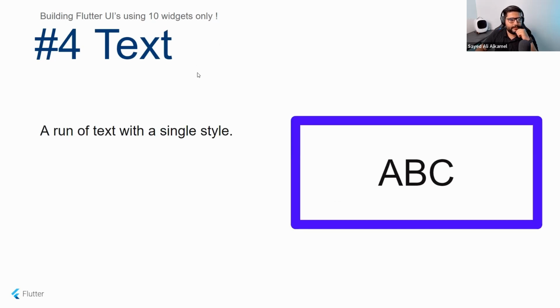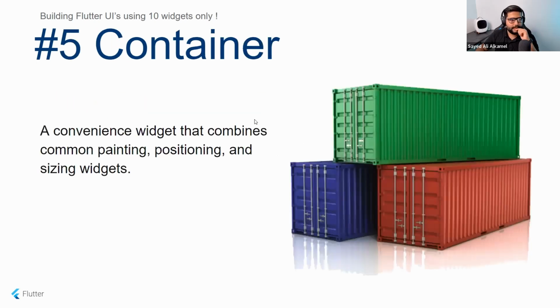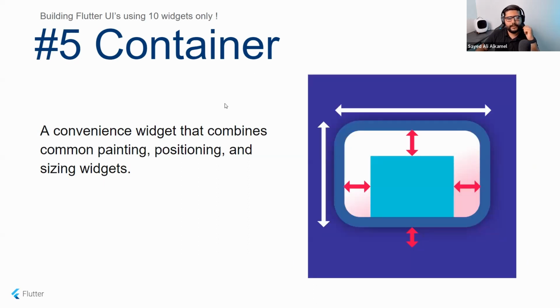So basic things like the Text widget. Text is also one of the widgets that is essential in building Flutter applications in this workshop. The next one is Container. A container is similar to a div in web development.